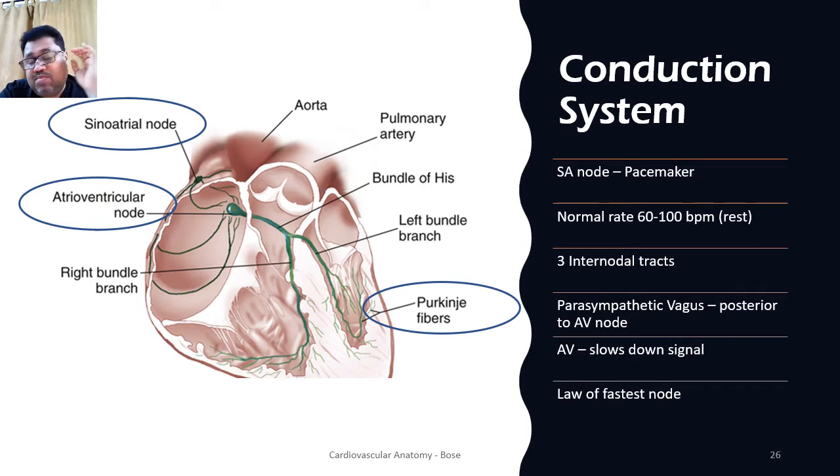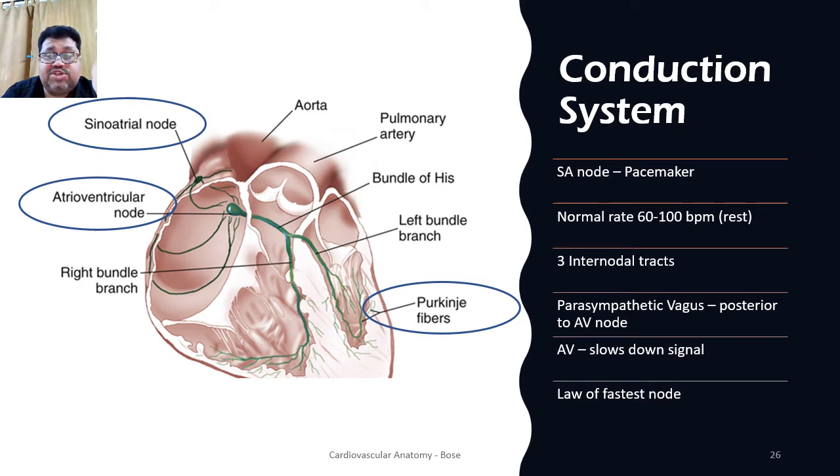It may be important to appreciate that normal electrical conduction through the Purkinje fibers or through the heart will allow for appropriate mechanical activity and maintenance of cardiac output to sustain activity.